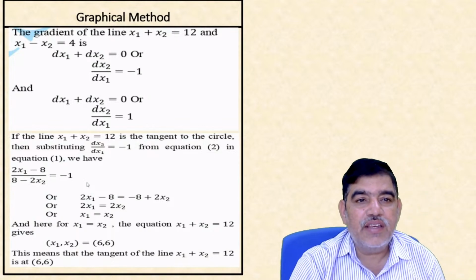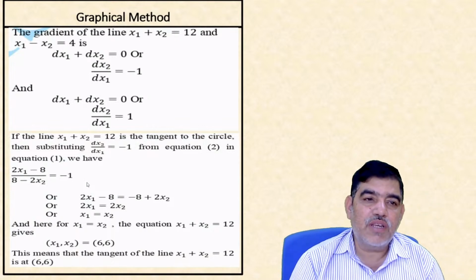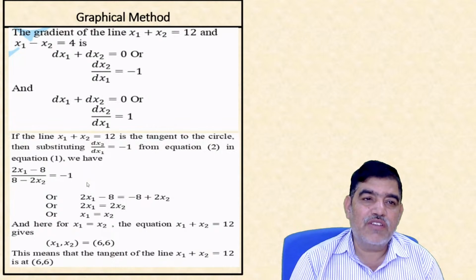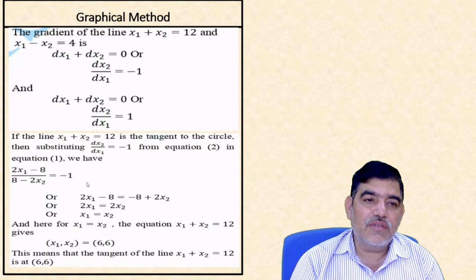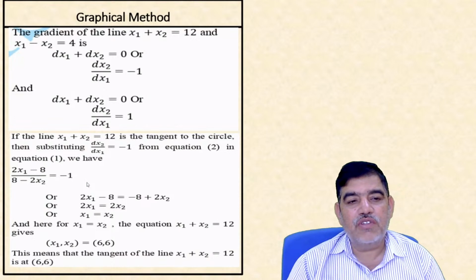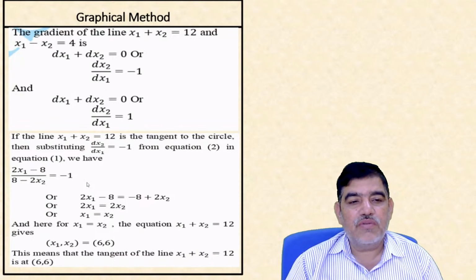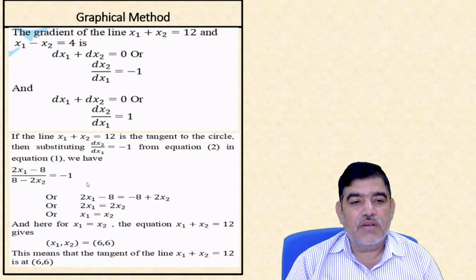The gradient of the lines x1 plus x2 equal to 12 and x1 minus x2 equal to 4: dx1 plus dx2 equal to 0, or dx2 divided by dx1 equal to minus 1, and for the other, dx2 divided by dx1 equal to 1.